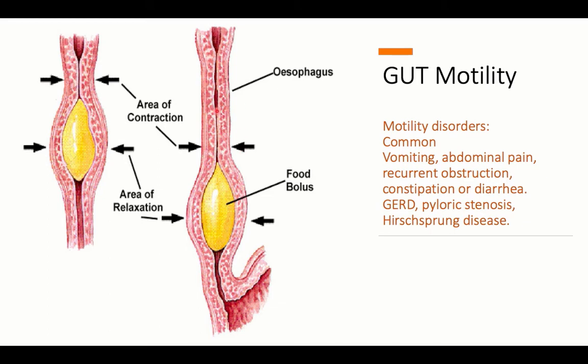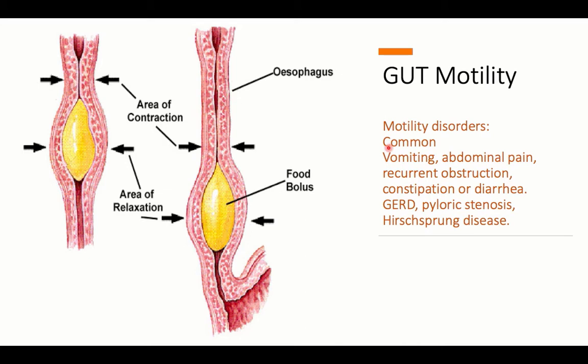If we look here at the esophagus, we have alternating areas of contraction and areas of relaxation to allow swallowing and appropriate movement of the food bolus. Sometimes motility disorders are present due to pathology in one or more of these factors.